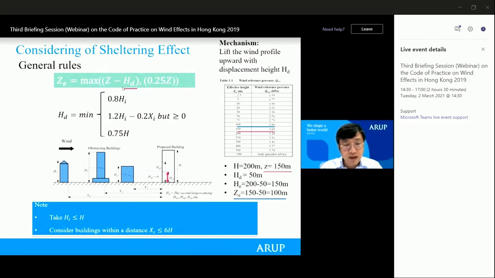One relates to the height of a particular obstructing building: the taller the obstructing building, the bigger the sheltering effect. Also related to the distance between the obstructing building and the target building: the bigger the distance, the smaller the sheltering effect. And the third part is a lower cutoff limit to restrain the benefit so that it cannot be too large.